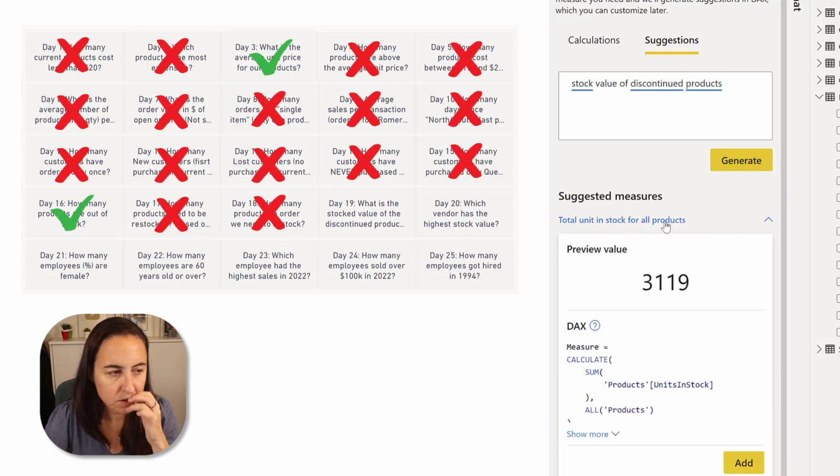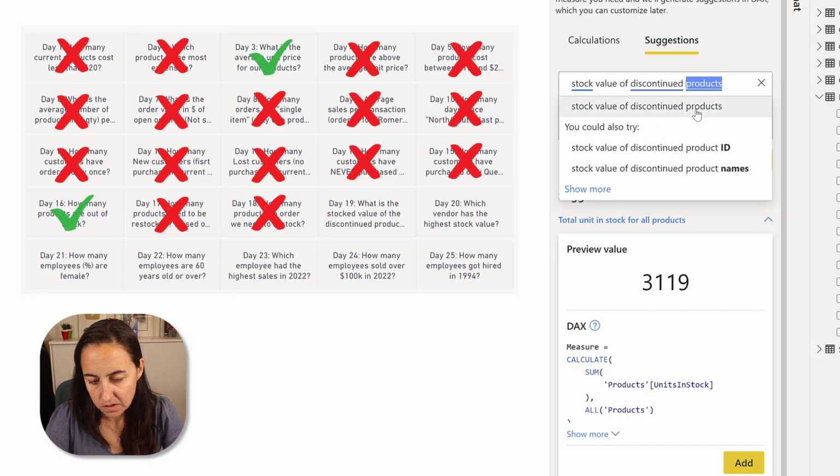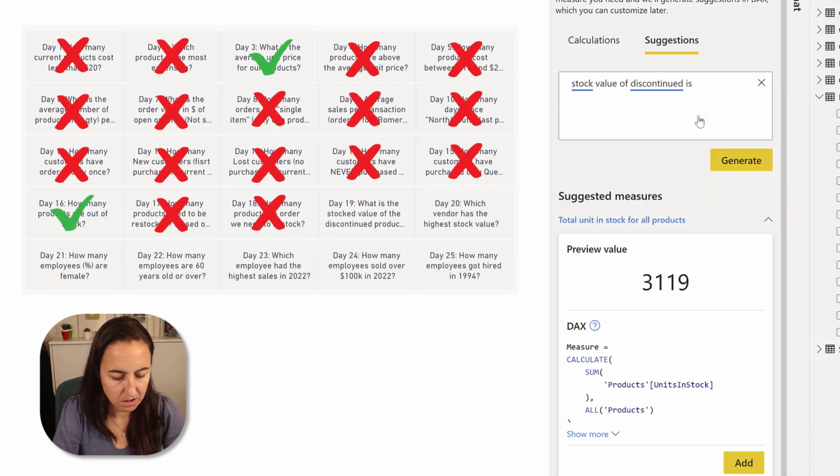Total units in stock. Yeah, no. Discontinued is just ignore it. Products discontinued is true.